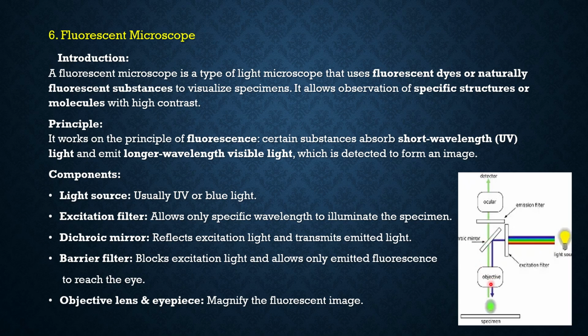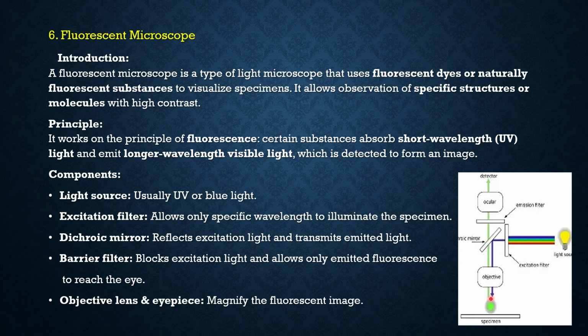Now blue light is passing through the specimen. Since there is fluorescent tagged material here, it is producing the longer wavelength light, that is green light. So blue light is shorter wavelength, green light is longer wavelength.